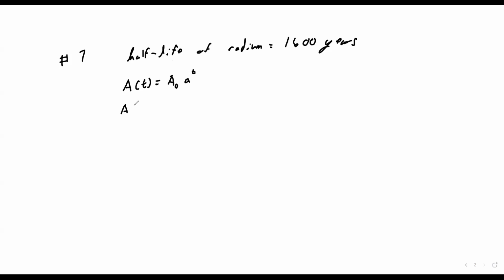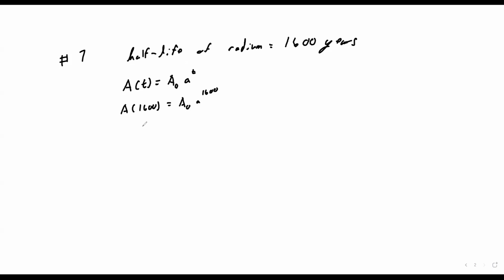I know it doesn't look like there's much information, but we know that in 1600 years, whatever this amount is will be half that, right? So that means that this is going to be twice this amount. So we can figure out some variables here. We can write this in one of two ways.